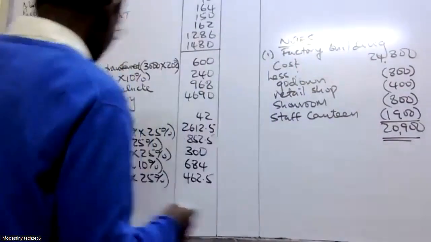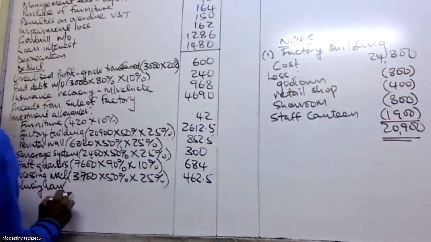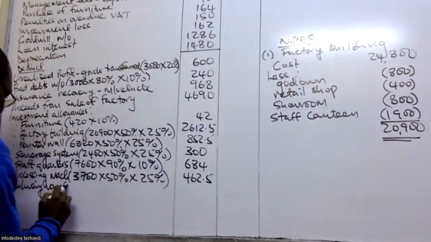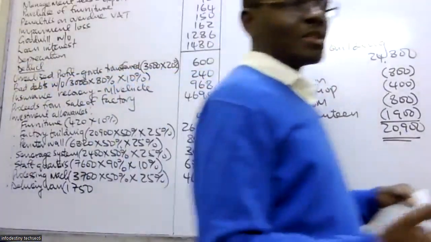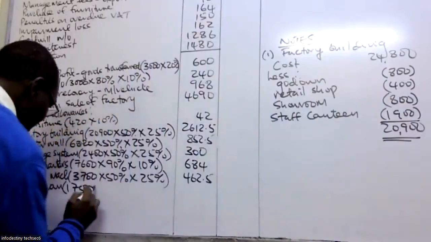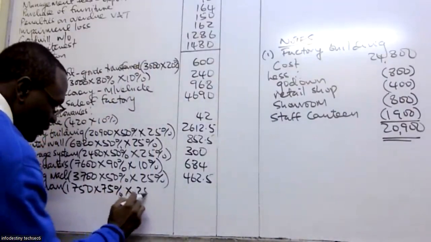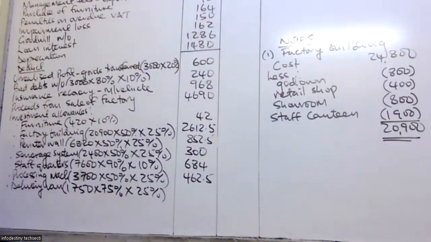Then you have delivery van. So delivery van is 1,750. Last year they removed 25%. So what is left is 75%. After 25% last year, 75% gives us the residual, then you get 25% of the current year. Yes?